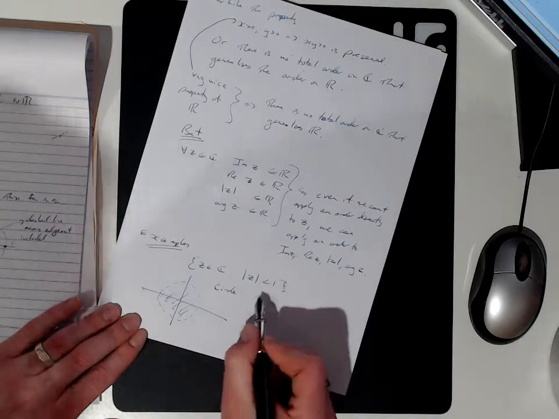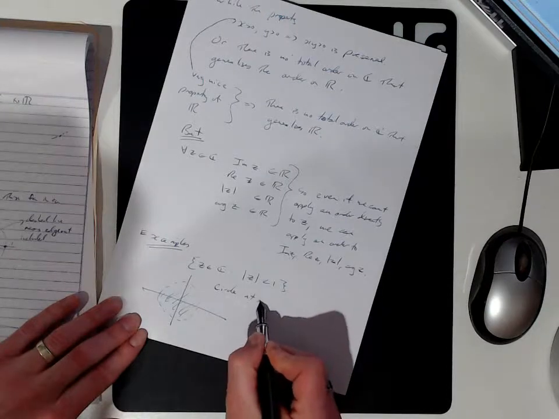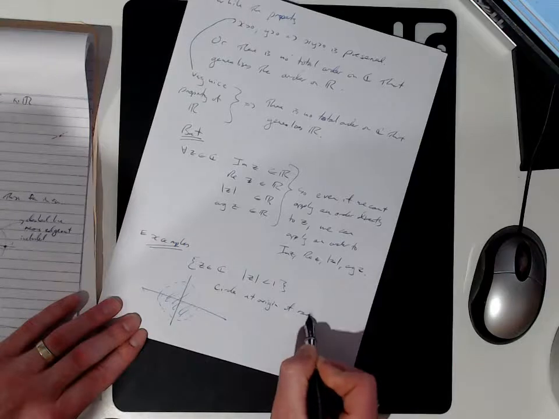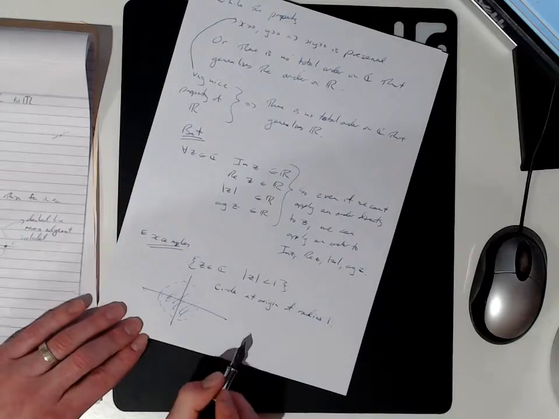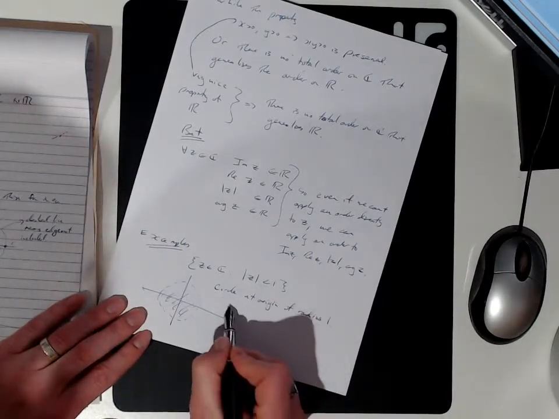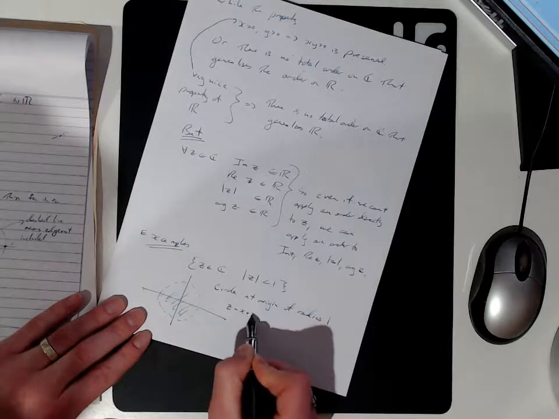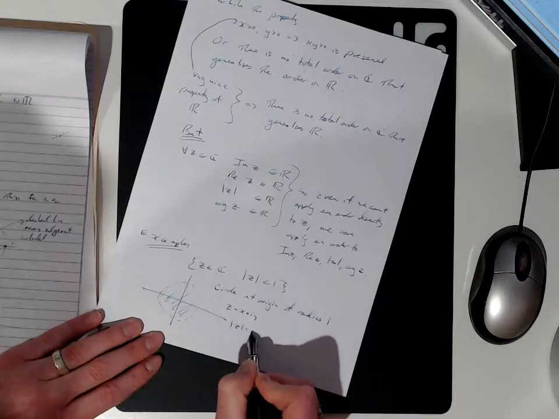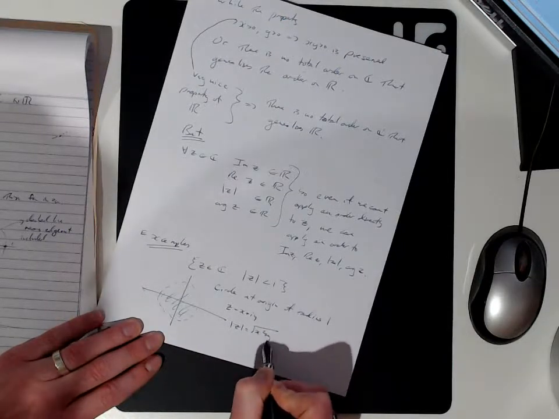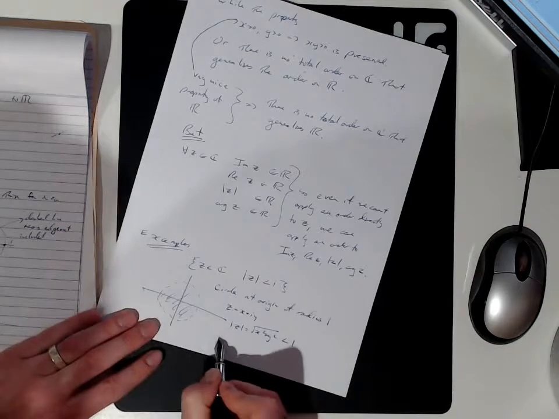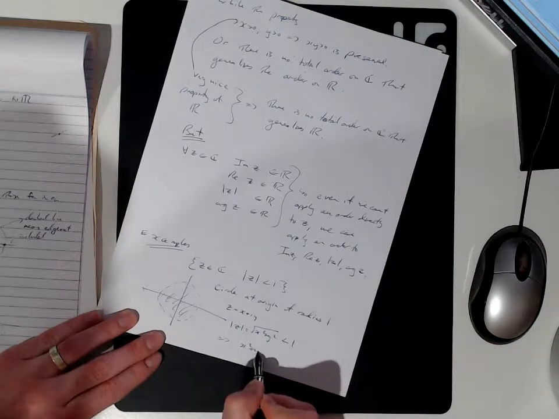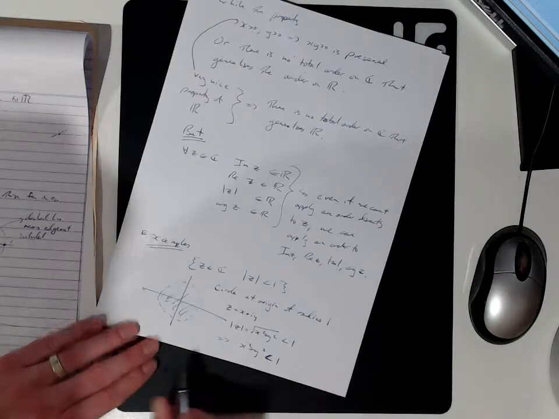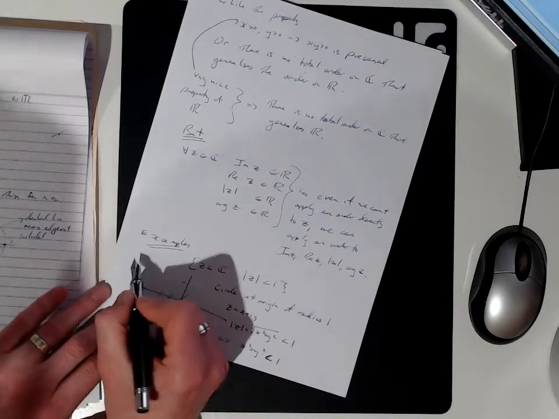Circle at origin of radius 1. How do we show this? Well, we discussed it a little bit before. If z is equal to x plus iy, then the modulus of z is equal to the square root of x squared plus y squared. We know that that is less than 1, so that implies that x squared plus y squared is less than 1. And the dashed line here means don't include the edge.